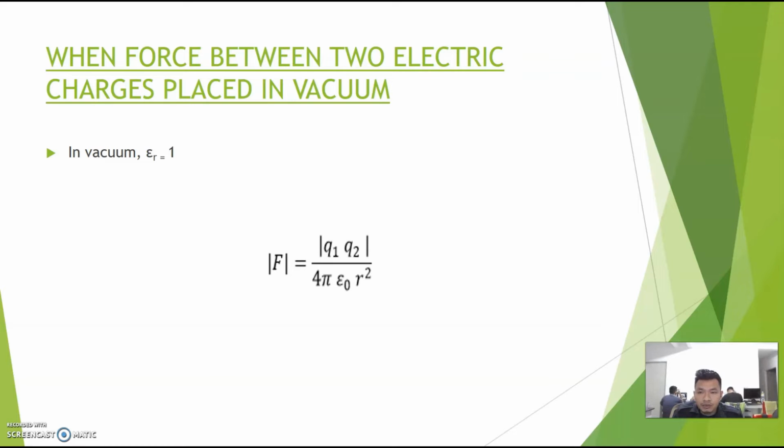When the force is between two electric charges placed in vacuum, the relative permittivity in medium is equal to 1.